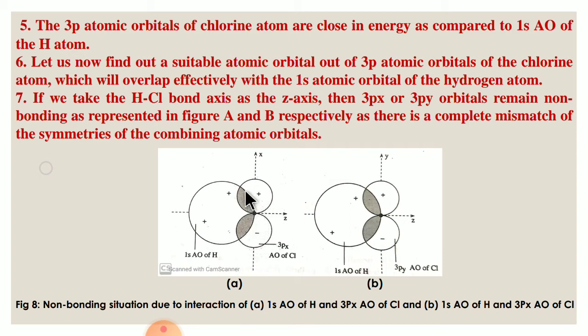That means one lobe of 3px is positively charged and the other lobe is negatively charged. They cannot overlap effectively with each other. The same case happens in overlapping between the 1s atomic orbital of hydrogen and the 3py atomic orbital of chlorine.